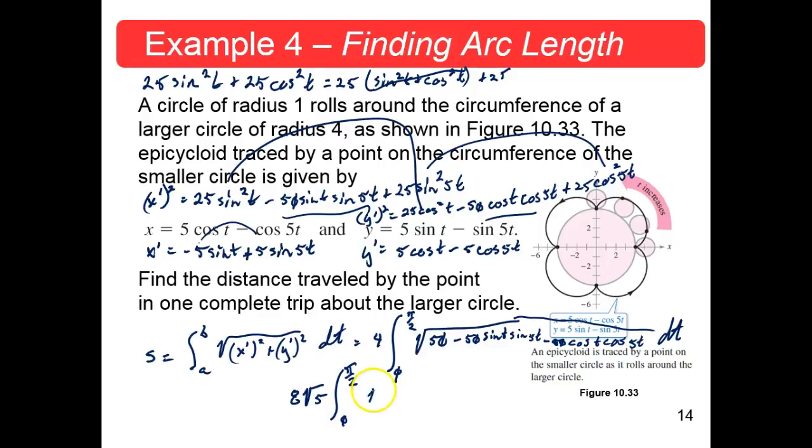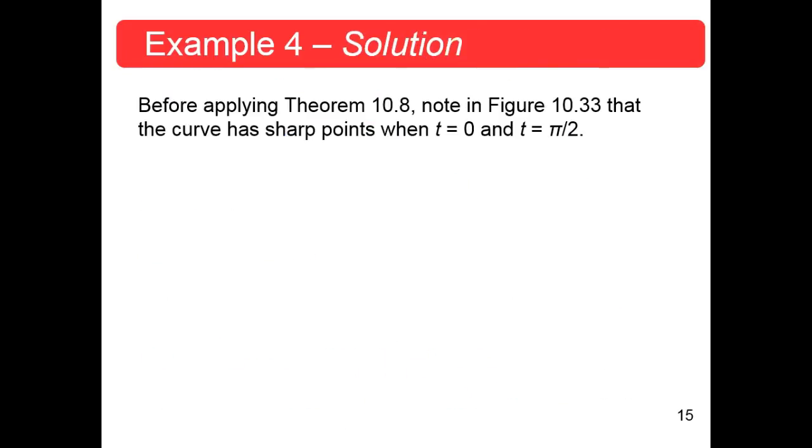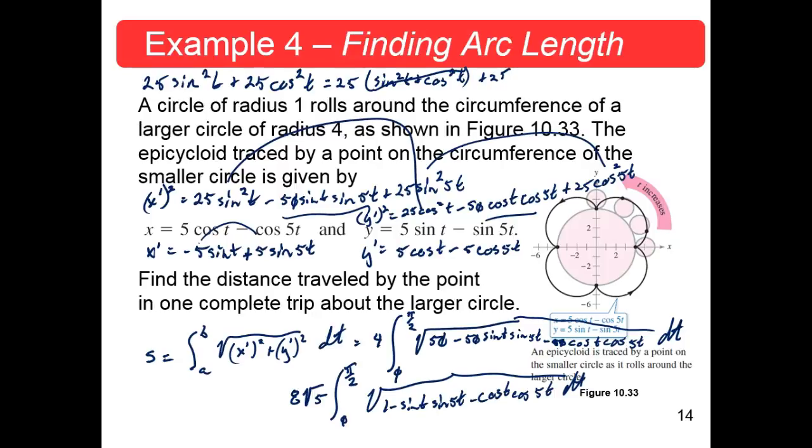And that will be square root of 1 minus sine t sine 5t minus cosine t cosine 5t dt. Now, there's got to be something here, and I'm not seeing anything super easy to do. So let's take a look in the book and see if they come up with something reasonable.